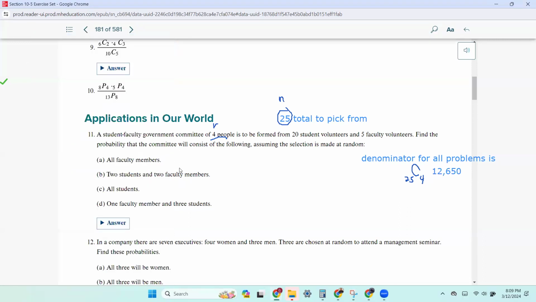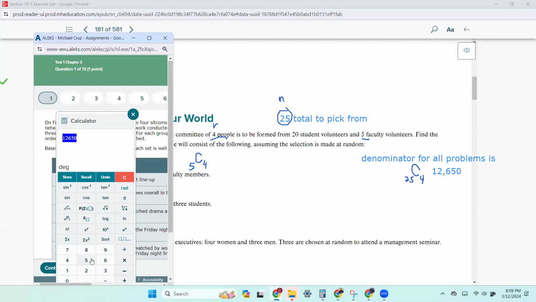So for all faculty members, that means that the 4, and I'm just going to put the numerator here, all 4 have to come from 5. So then this is 5C4. So this is 5.